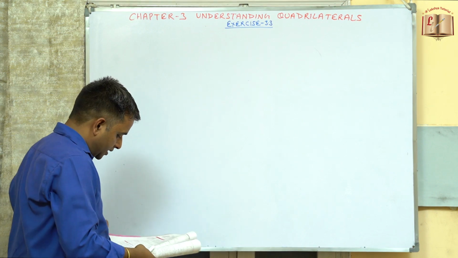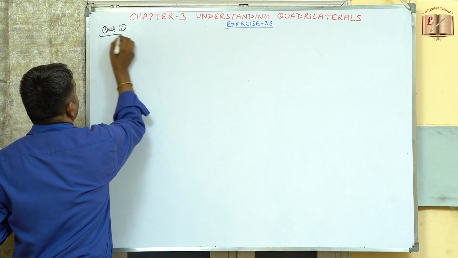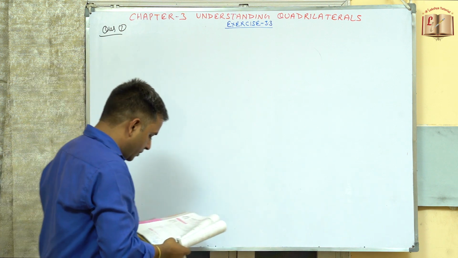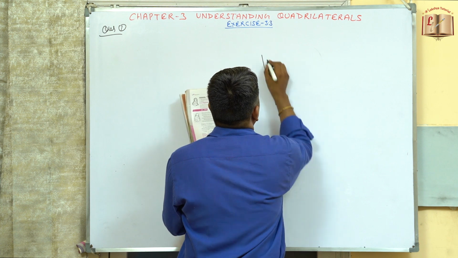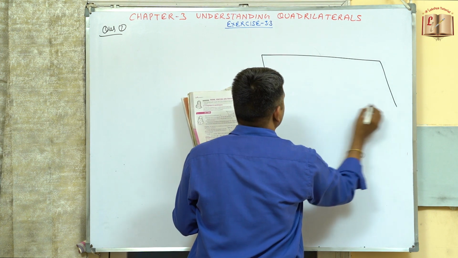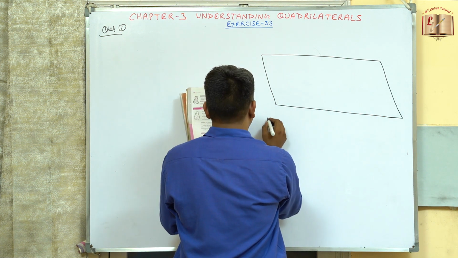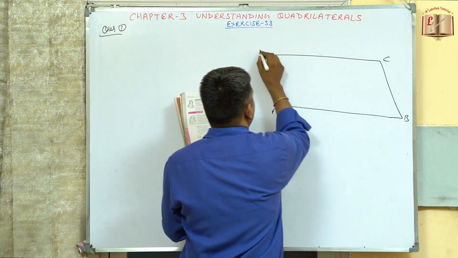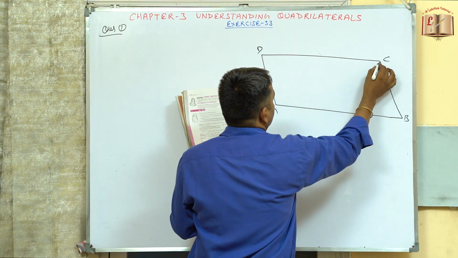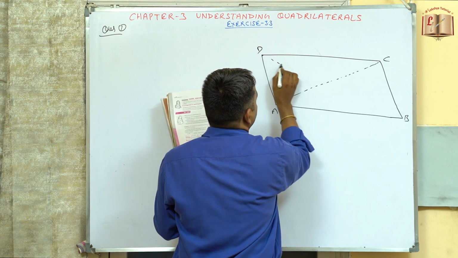So start with the exercise. Now coming to question number 1. Given a parallelogram ABCD, so this is a parallelogram given to us. This is A, C, B and D, and these diagonals are joined.